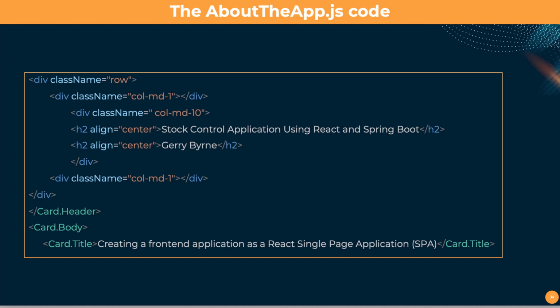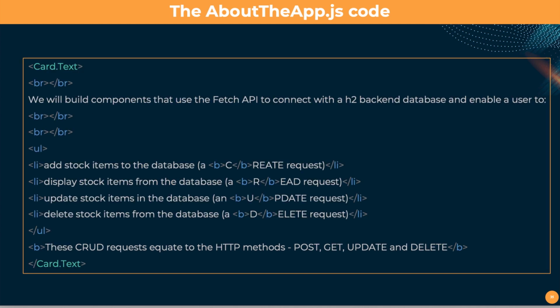Then we're going to have a body, and in the body we're going to have a card title. This is all Bootstrap and styling. Don't worry too much about that. We're more interested in getting the whole React app working, and we can look at the styling at a later stage, and we can use something different from Bootstrap. But this is just to make it look in some way user friendly.